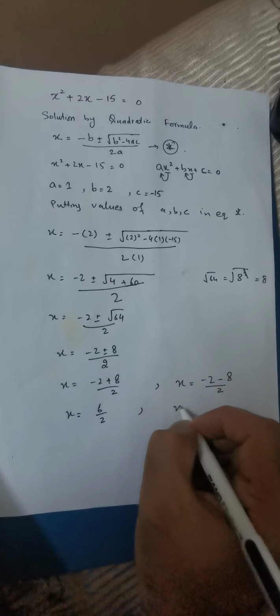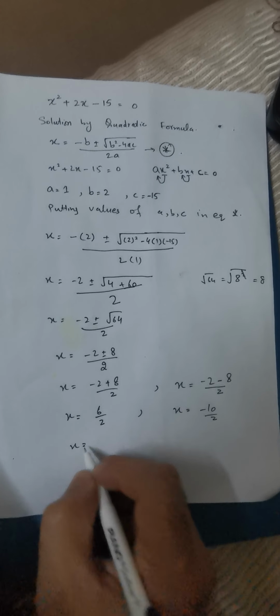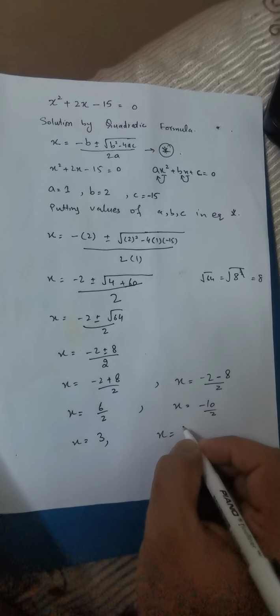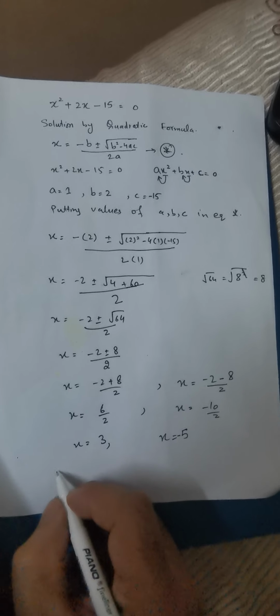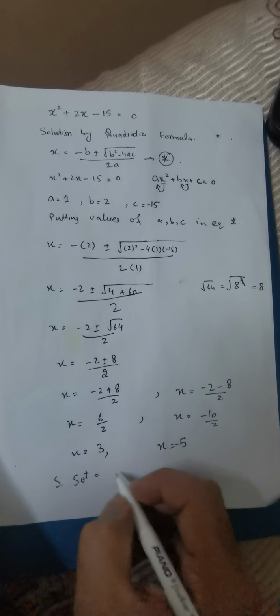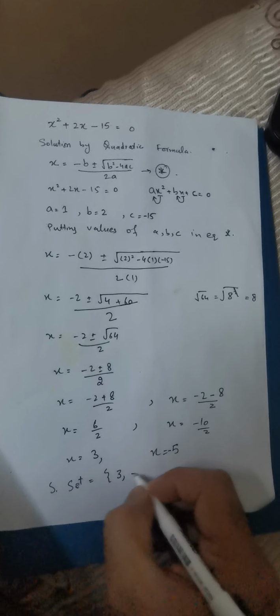Here it will come x equals minus 10 divided by 2. From this the value of x will be equal to 3, and here the value of x will be equal to minus 5. So you can write in the solution set that the roots of x for this equation are 3 and minus 5, enclosed in curly brackets.